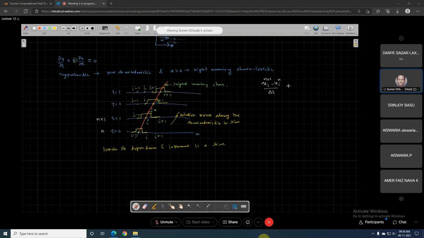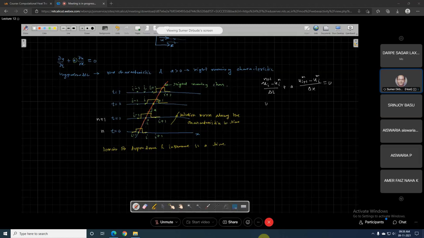Then I can represent the space term using u at I plus 1 minus u at I, divided by delta x, equals 0.